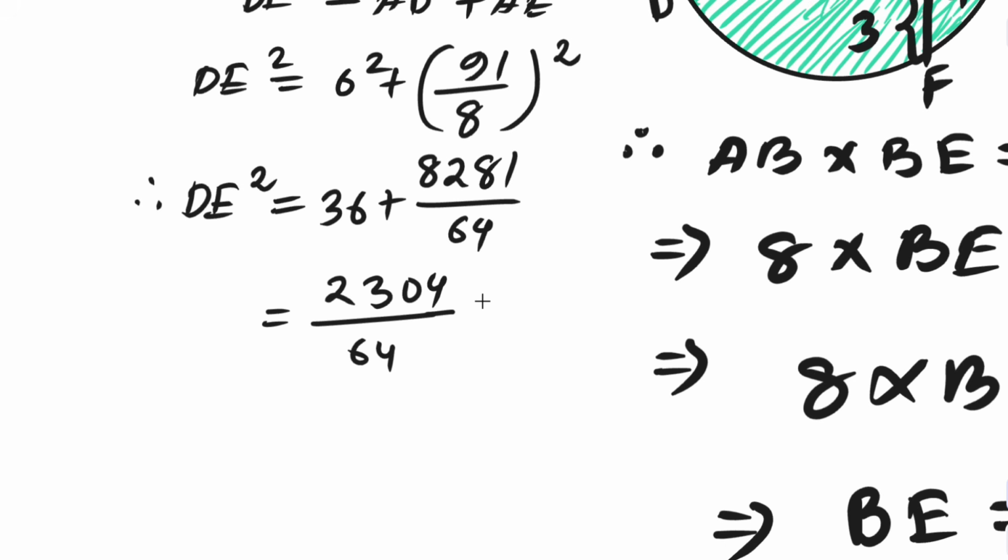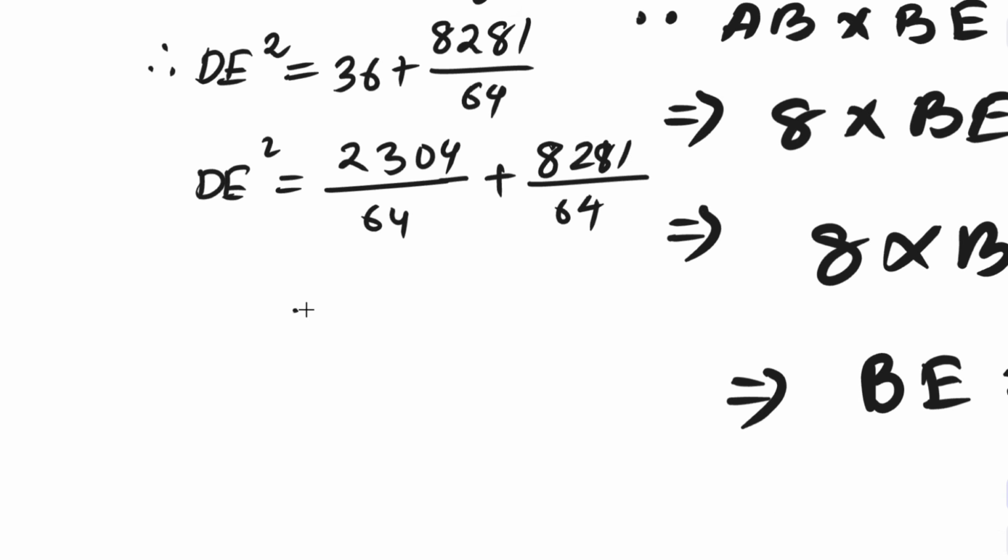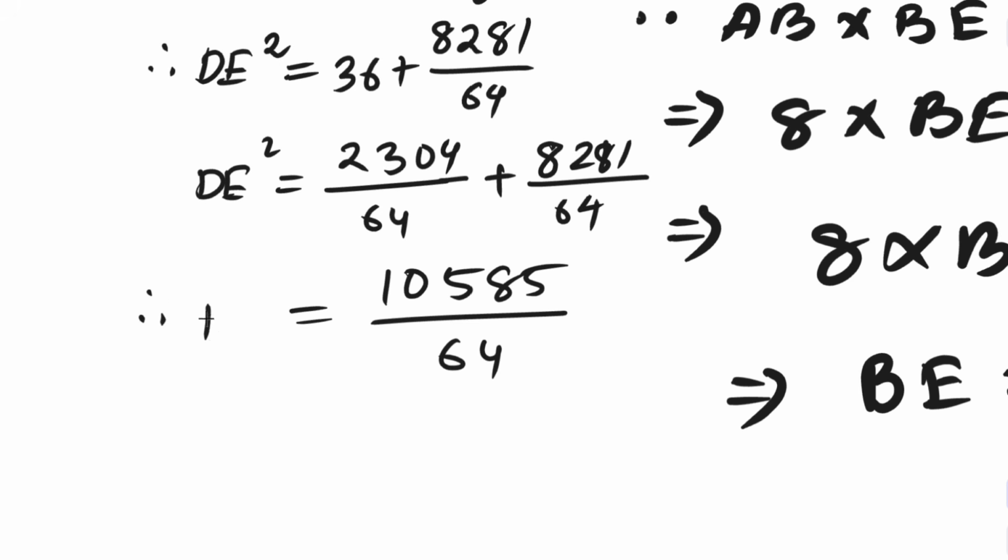Now add the fractions. We get DE squared equals 2,304 divided by 64 plus 8,281 divided by 64. Adding the numerators gives 10,585 divided by 64.